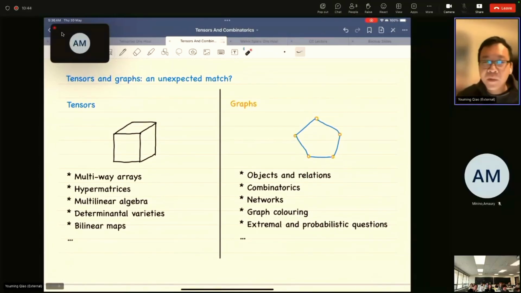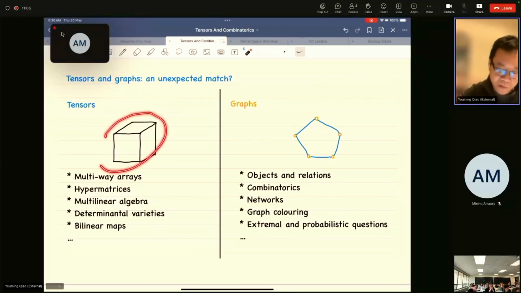Tensors and graphs: maybe there is some unexpected match observed in the past few years. When you talk about tensors, for me, tensors are just cuboids of numbers, or cubes of numbers. This is what I think of when I think of tensors.